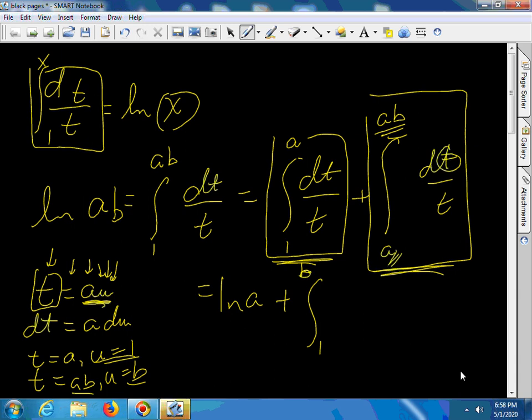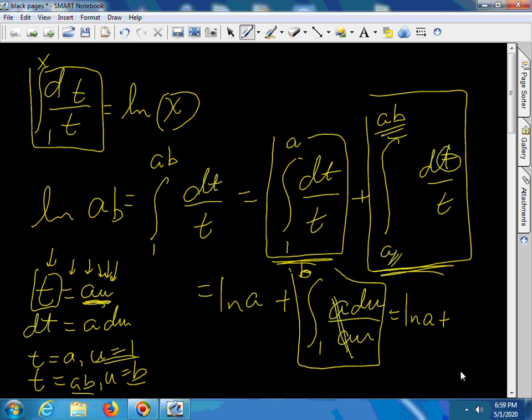And I have dt, which is a du, over t, which is au. And this cancels out. The first term is ln of a plus, this is just ln of b. And we prove the first law.